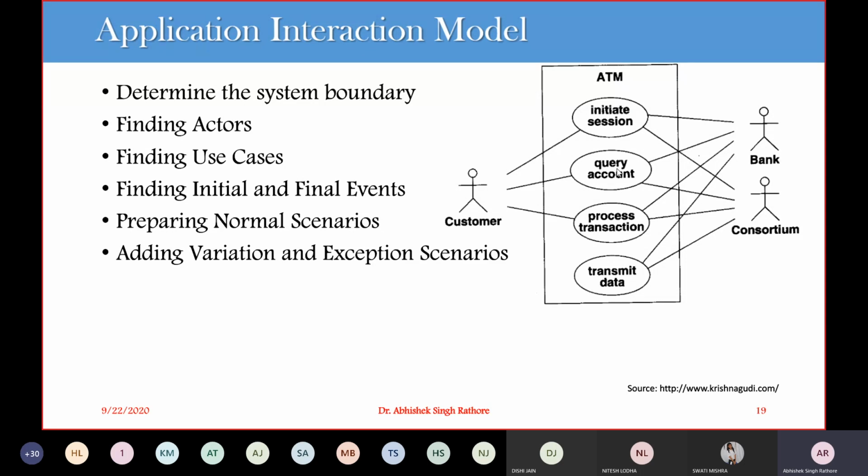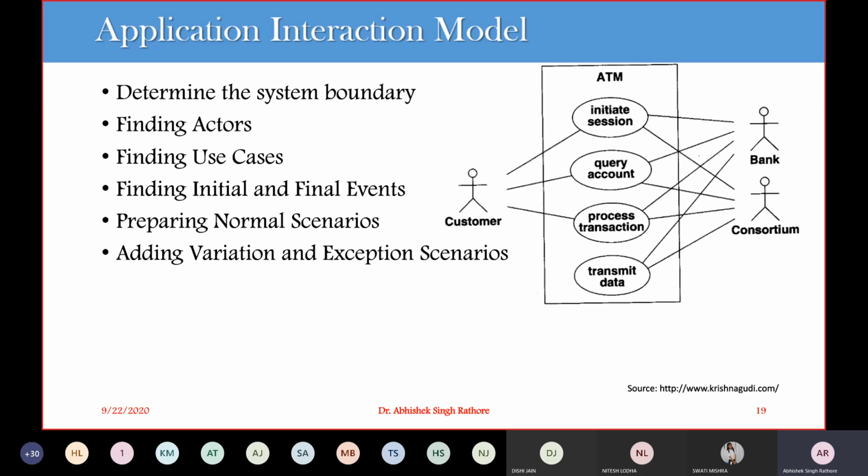When we are finding the initial and final events, we identify a meaningful name for these initial events. So let's say we have a list of initial and final events for use cases. Take initiate session.